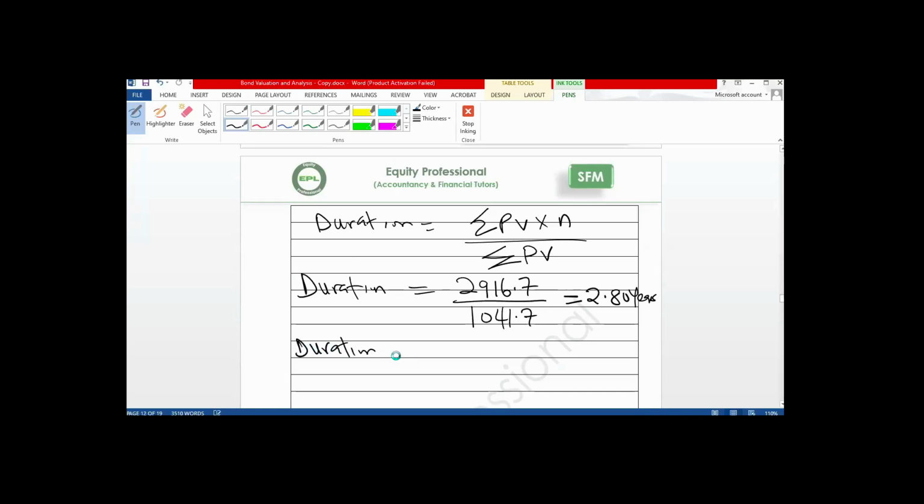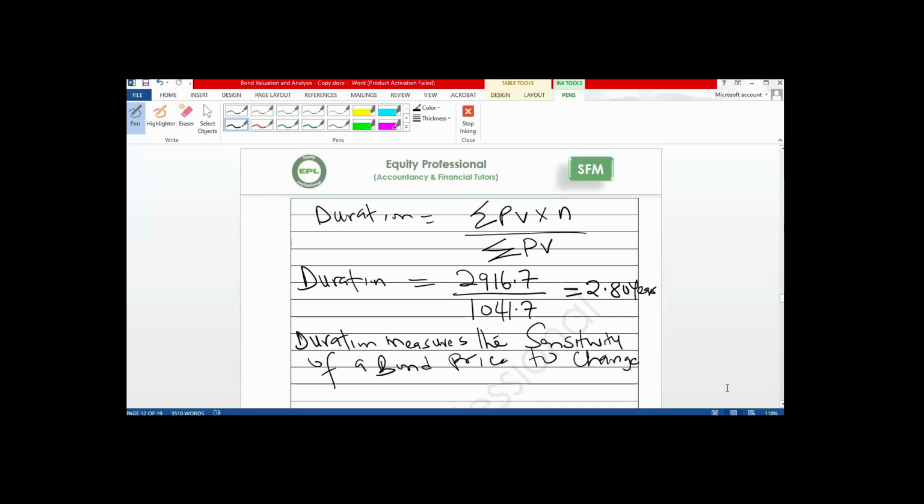Duration measures the sensitivity of bond price to change in market interest rates.